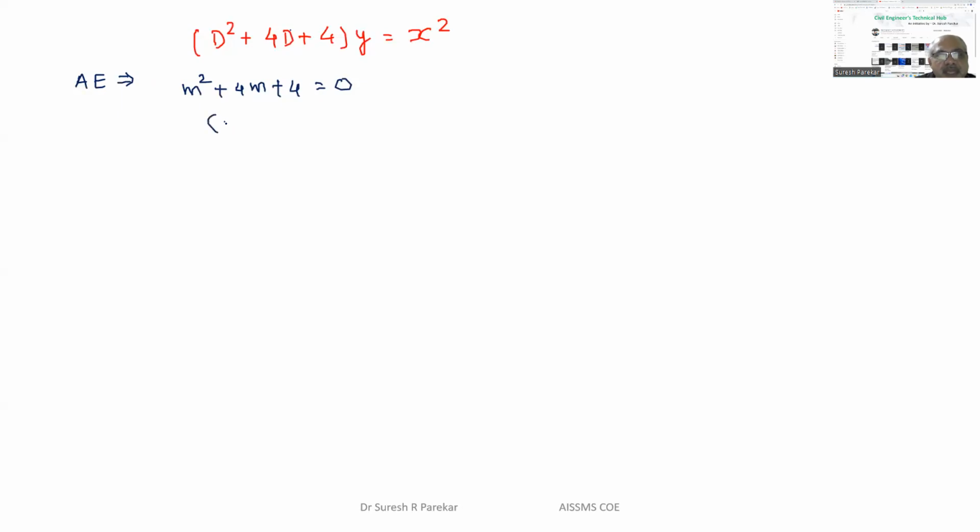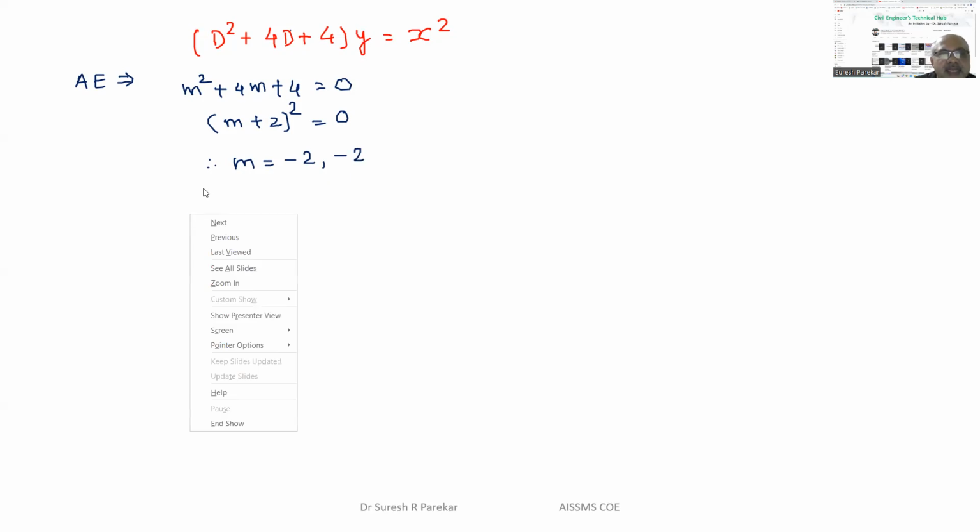From this we get m plus 2 whole square equal to 0, and therefore m is equal to minus 2, minus 2. So m1 is minus 2 and m2 is minus 2.